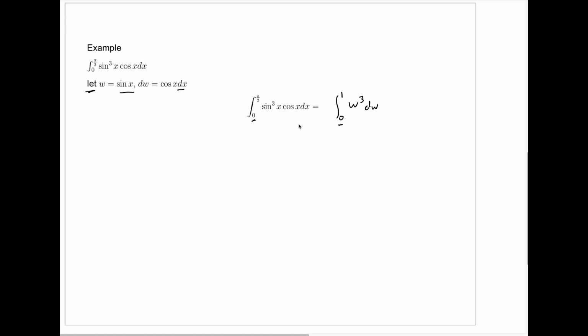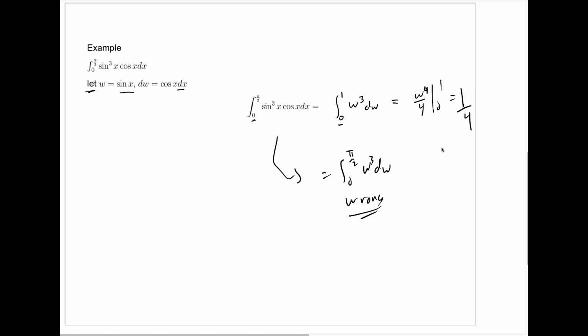So this definite integral has the same value as this definite integral, which is just equal to w to the 4th over 4, from 0 to 1, which is easily seen to be 1/4. Remember, if you're writing this as an integral from 0 to pi over 2, w cubed dw, this is wrong.